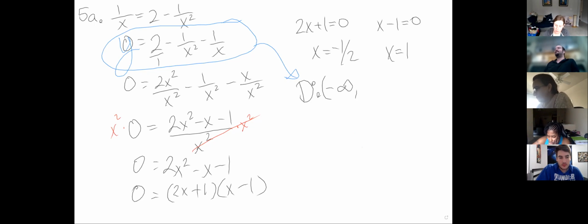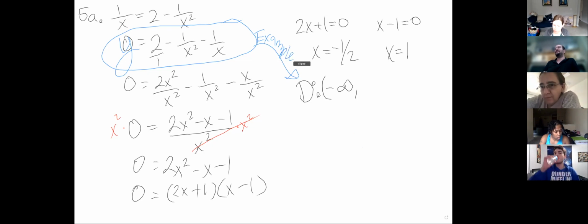Does that tell us that x can't be something? Is there anything x cannot be based on those fractions? Anybody see anything x cannot be based on those fractions?